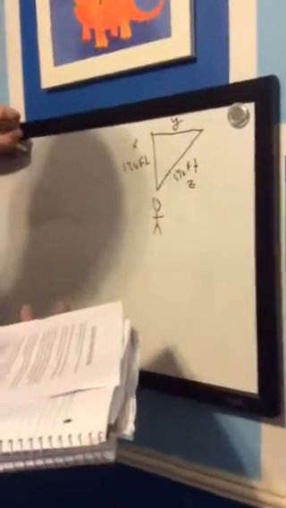So, okay, first our givens. We'll call this x, call this z, and we'll call this y. So our x, which is the height, is 120 feet.